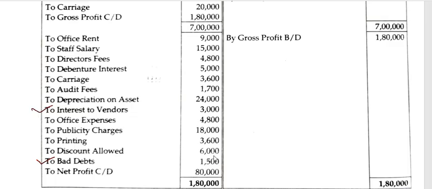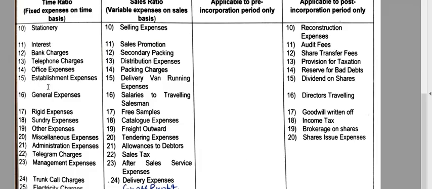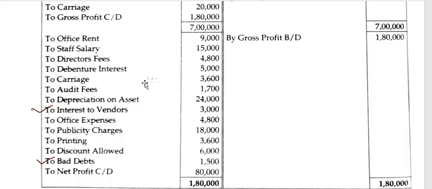Then variable expenses are distributed in the sales ratio, and some expenses are applicable only to pre-incorporation or only to post-incorporation. I will share this table with you. So time ratio, sales ratio, and expenses applicable to the pre-incorporation period only and to the post-incorporation period only. In time we have rent, rates, taxes, insurance, depreciation, postage, salary, stationery, establishment expenses, etc. So first we will see office rent.